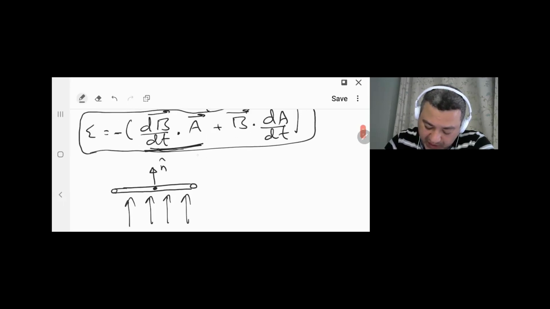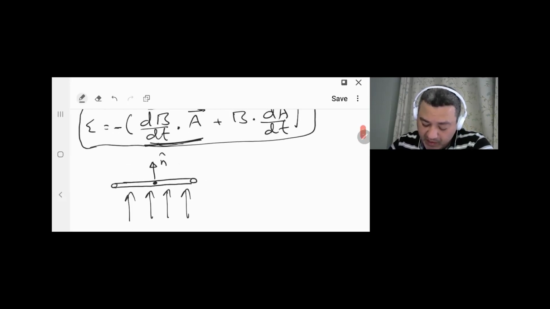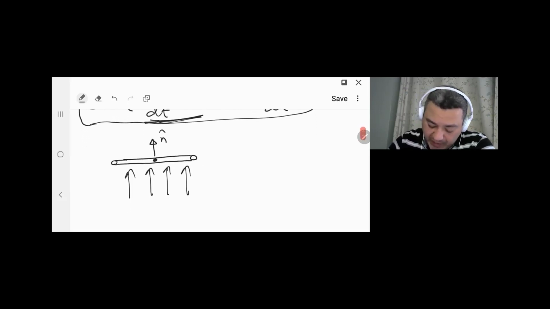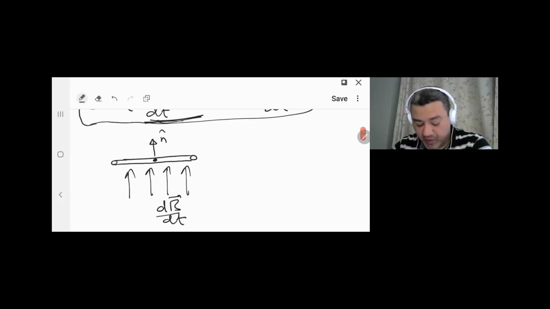So this one would be transformer electromotive force for dB over dt dot A. So I have the magnetic field varying with time while the loop is stationary.